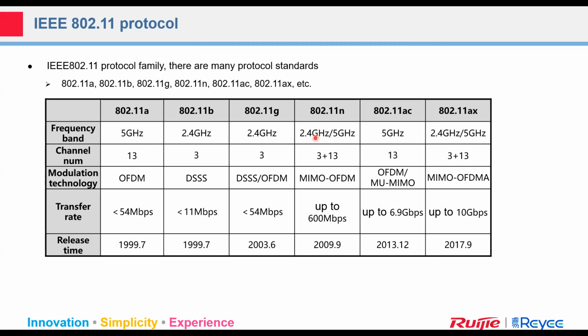This is dual band frequency, which has two different channel numbers. Channel numbers 3 and 13 for 11n and 11ax. So these are the frequency bands and these are the channel numbers.